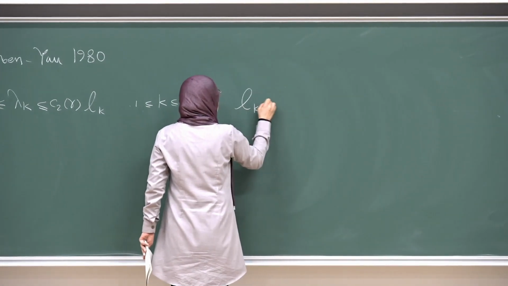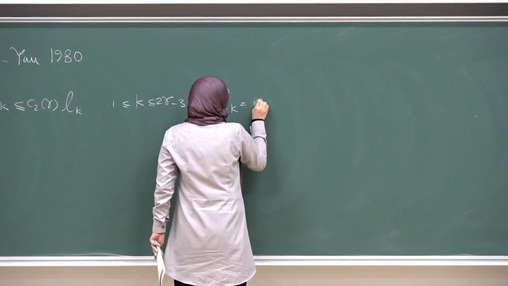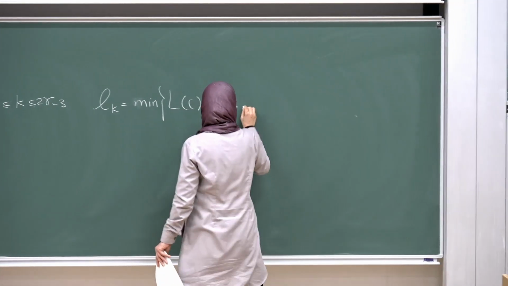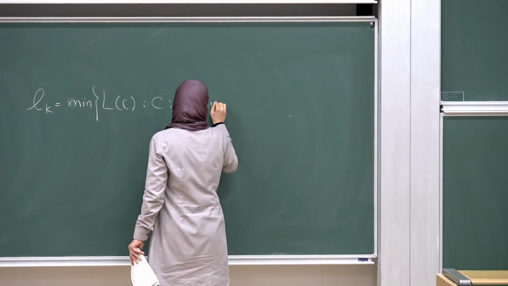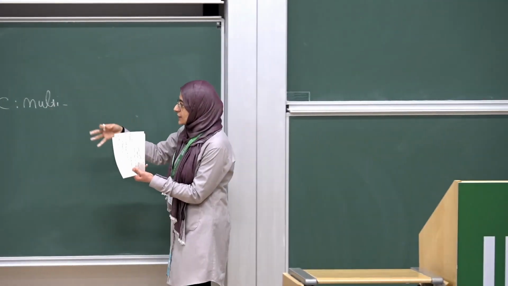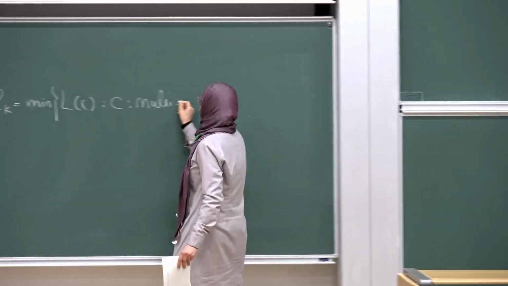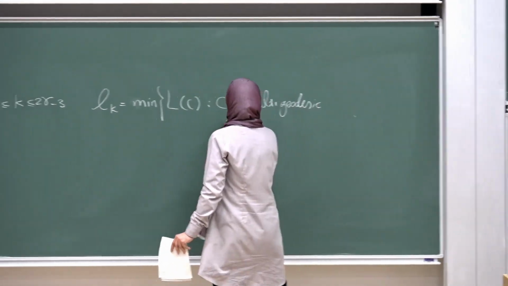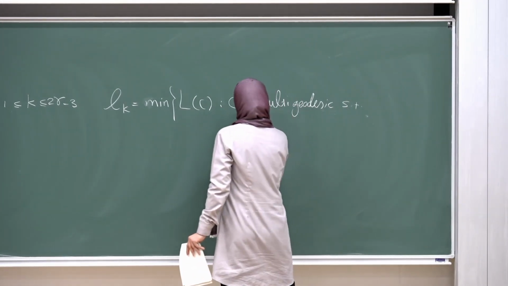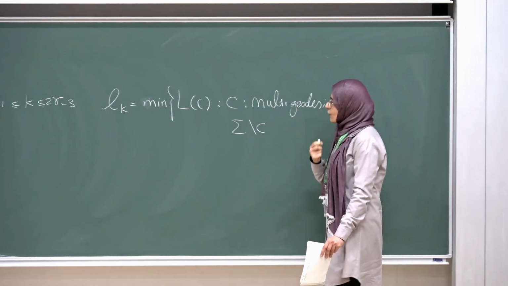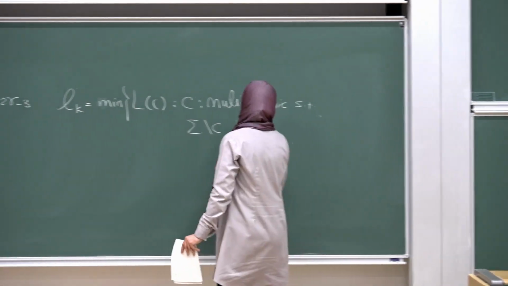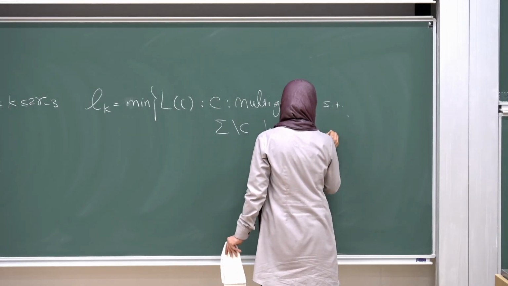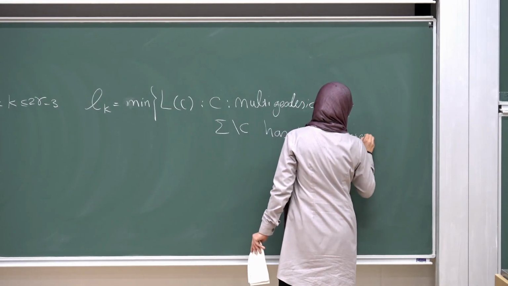So what is Lk? It is the minimum of the length of C, where C is a multi-geodesic. So it's a disjoint collection of simple closed geodesics such that sigma minus C, if I remove this collection of geodesics, has k plus 1 connected components.